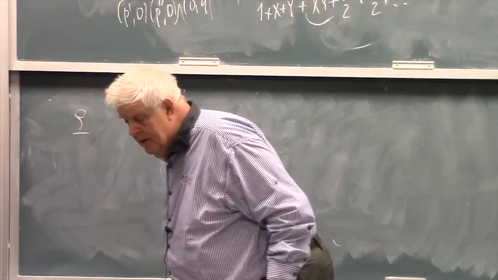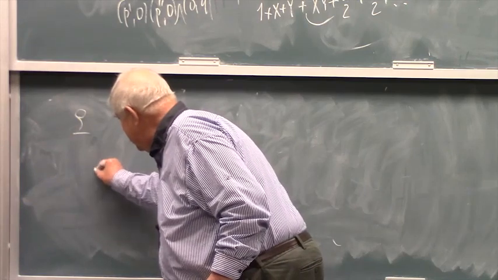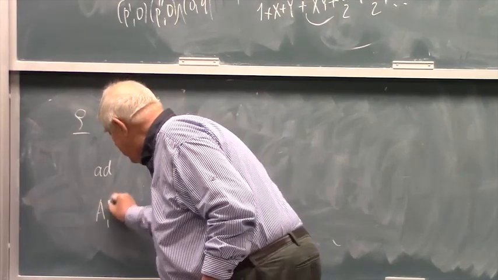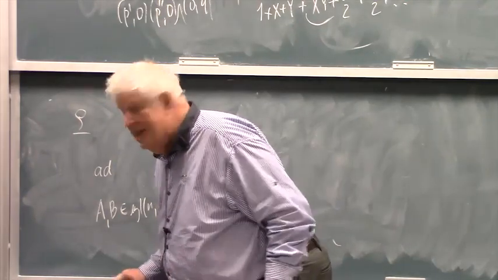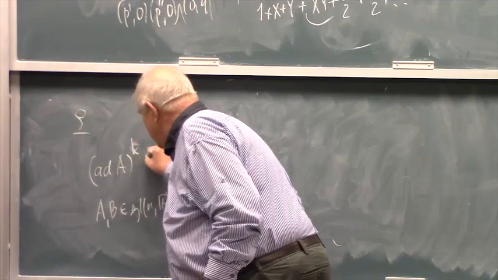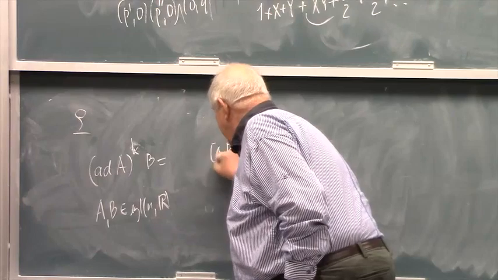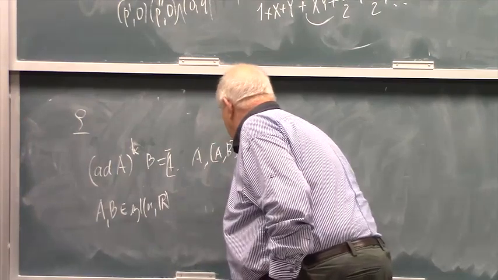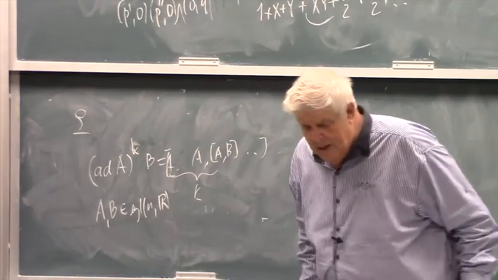Now let me consider the following. I take two operators, A and B, just operators, and I take the following thing: B, commutator with A, again with A, and so on, K times. What is this?